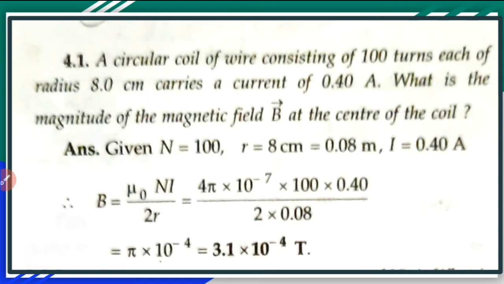The equation we need to use is mu 0 N i by 2r, where r is the radius of the circular loop. In our discussion, I think we used the letter A or something like that. Whatever it is, you can use that equation, do the substitution and find the answer. So 3.1 into 10 raised to minus 4 Tesla.